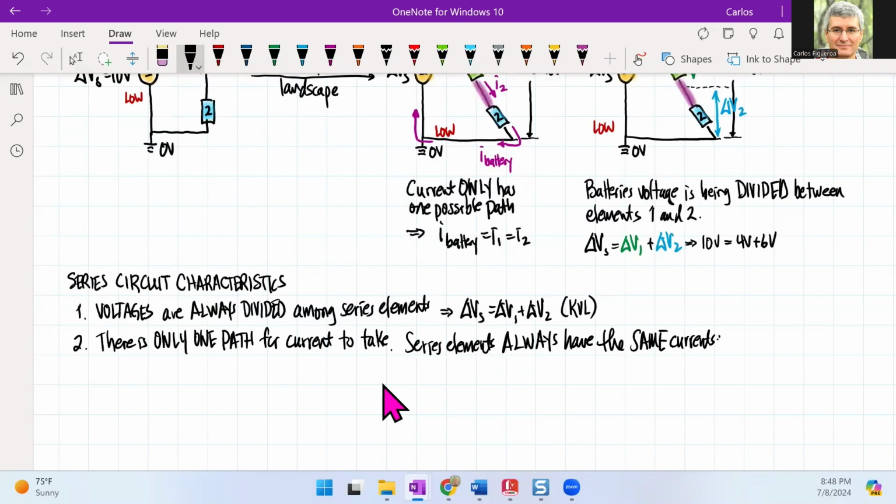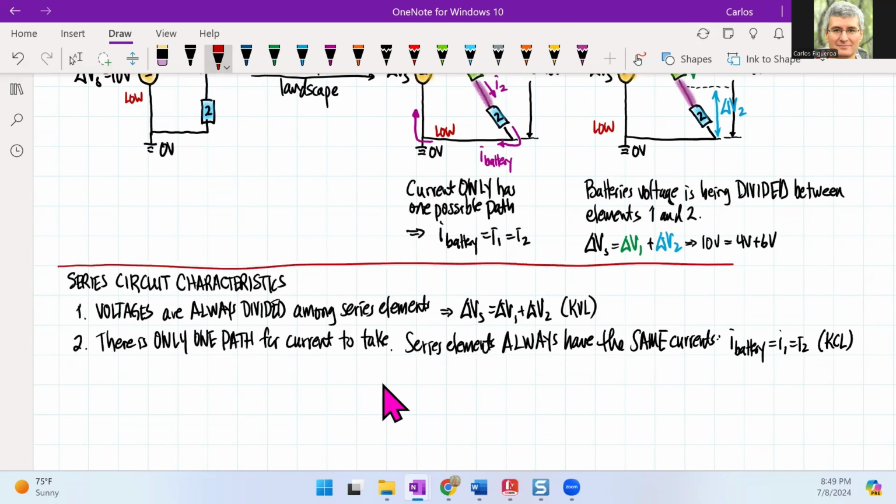The current of the battery is the same as the current of 1, which is the same as the current of 2. This is another very important circuit theorem, which is known as Kirchhoff's current law. So now I have all these elements in series.